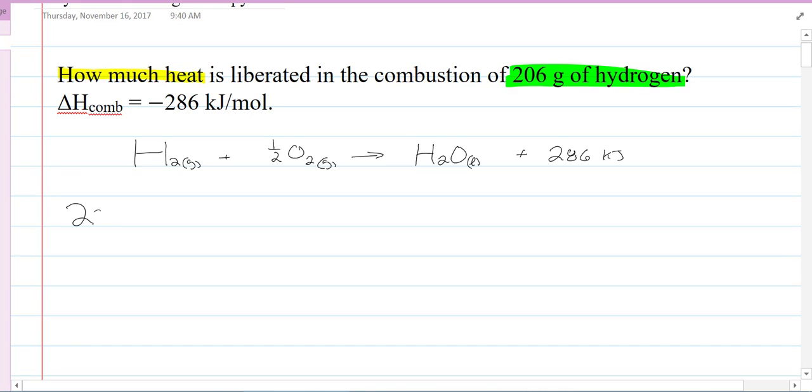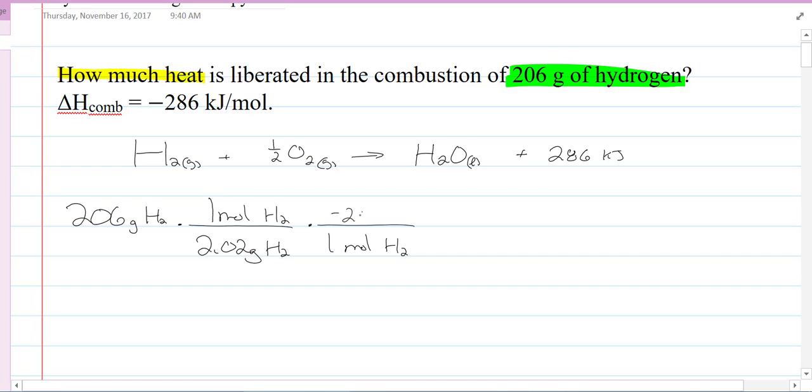So we'll start with our 206 grams of H2. And 2.02 grams H2 is 1 mole H2. And 1 mole of H2 happens to be negative 286 kilojoules.